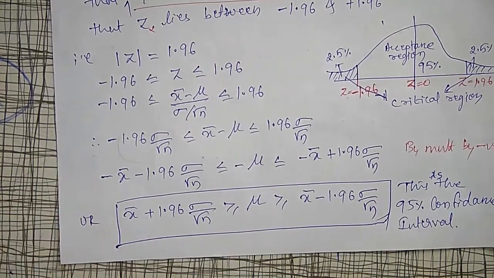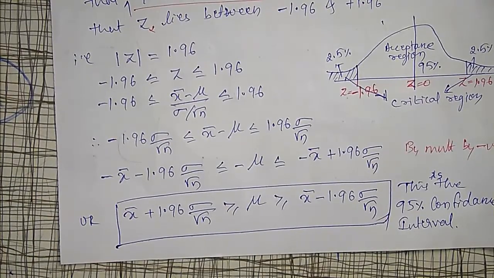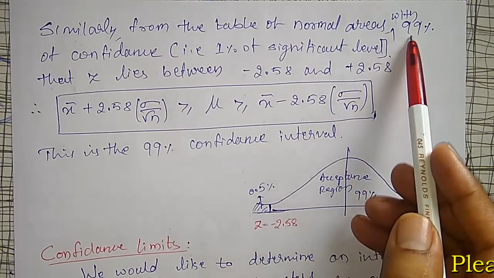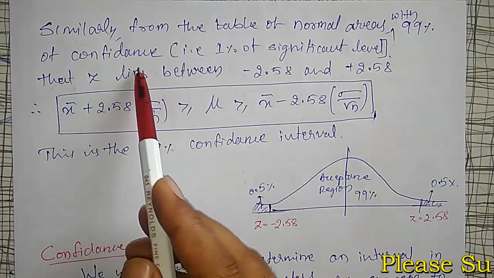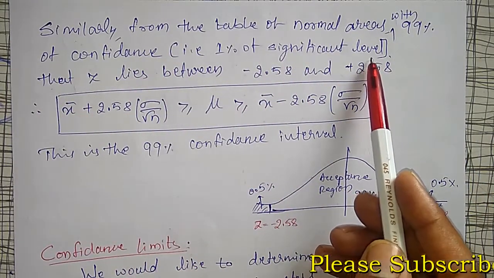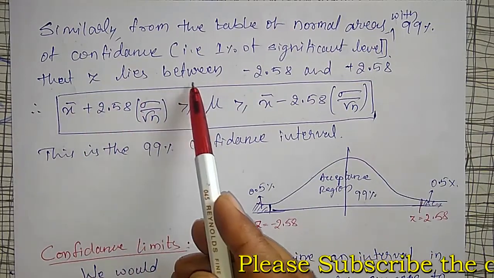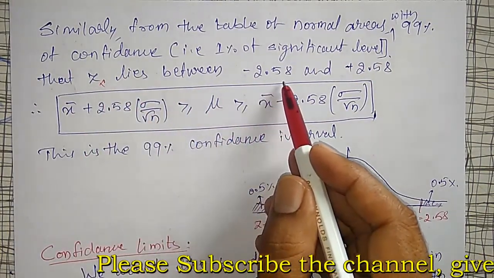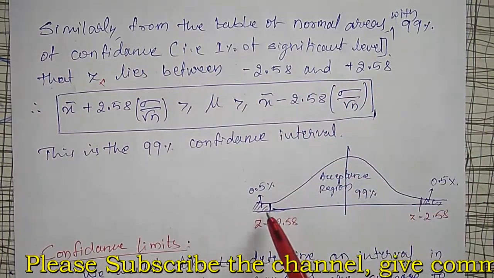Similarly, for the 1% level, I can find the confidence interval here. From the table of normal areas, with 99% confidence or 1% significance, z alpha lies between minus 2.58 and plus 2.58.